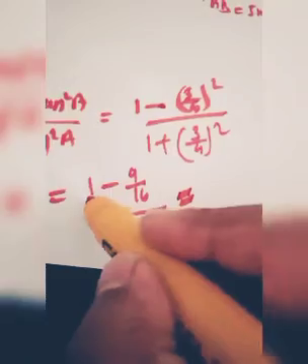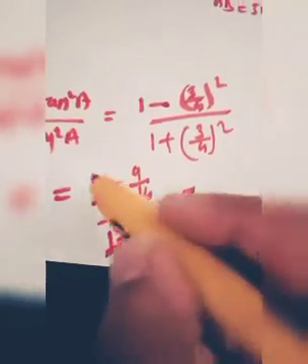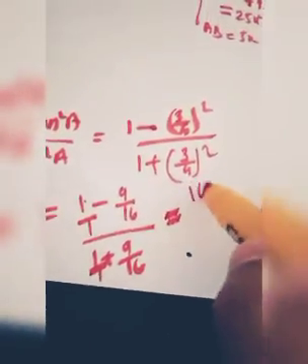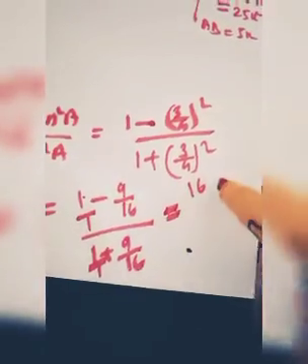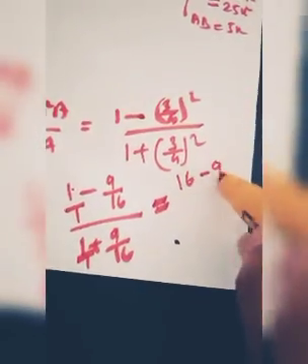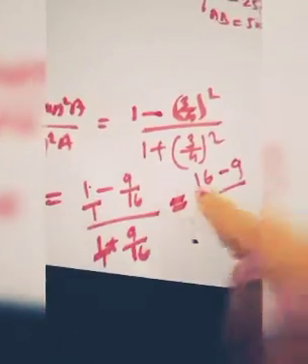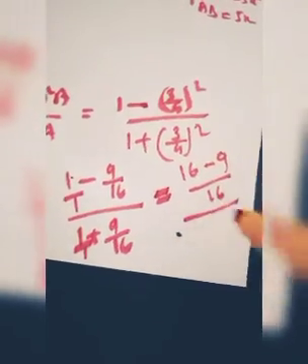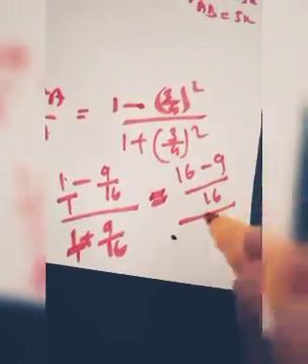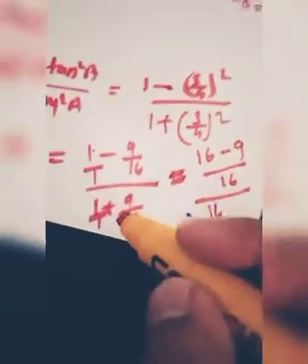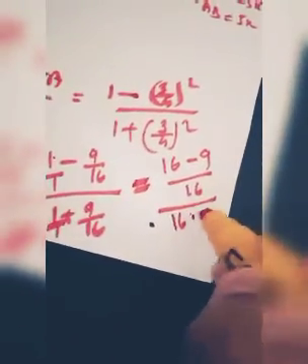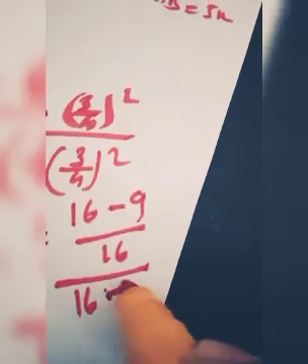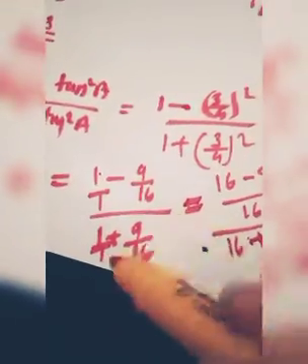So write each over 1 and cross multiply: 1 into 16 is 16, minus 1 into 9 is 9. The denominator is the same way, 1 into 16 is 16, but the sign in between is plus, so write plus 1 into 9 over 1 into 16.